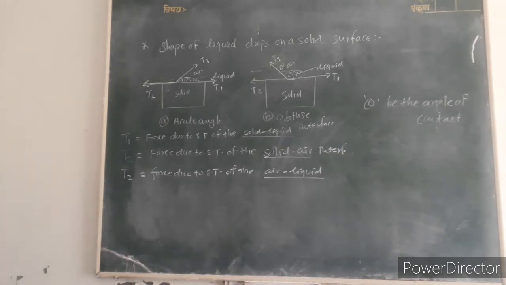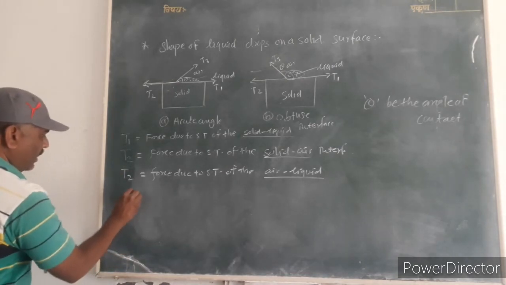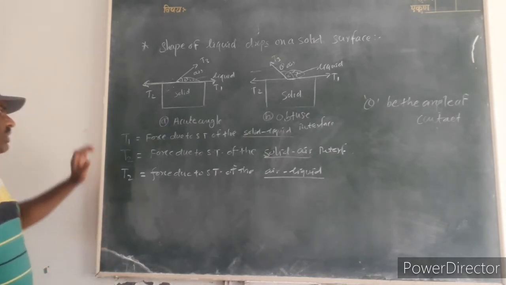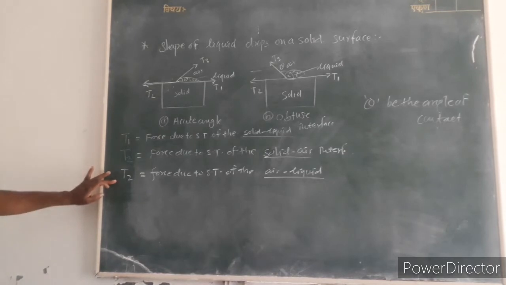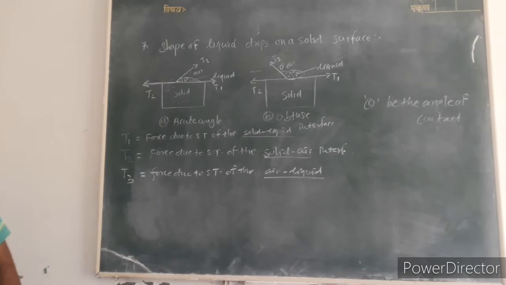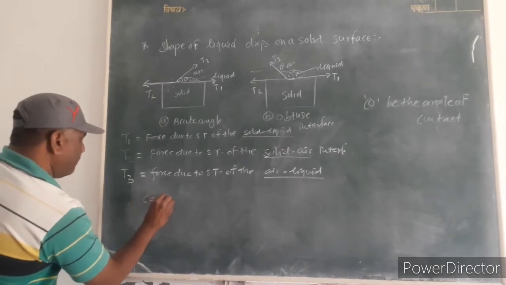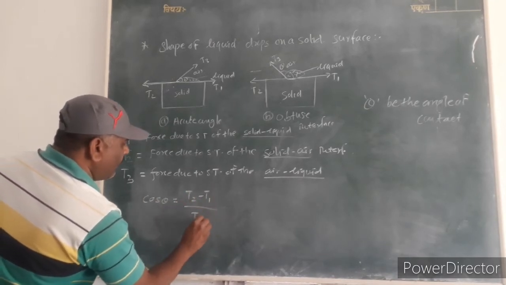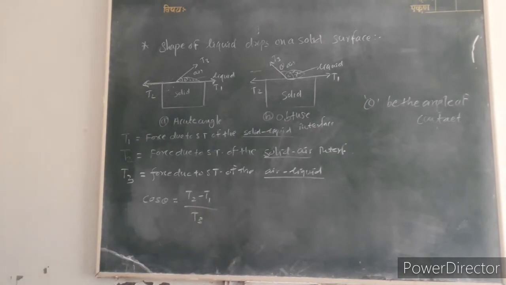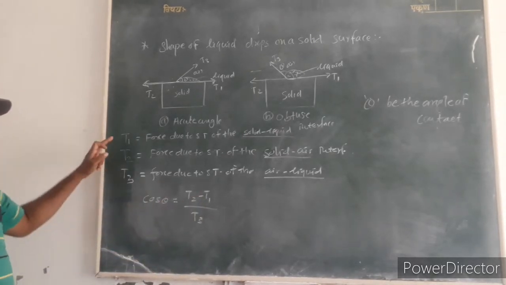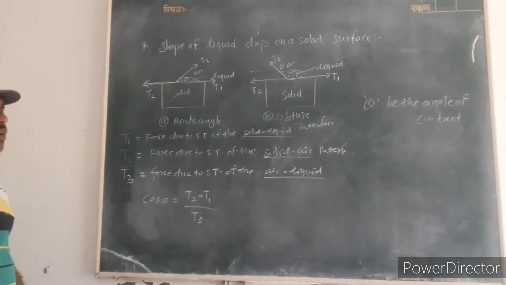For the equilibrium condition, the relation between T1, T2, T3 and the angle of contact is given as cos theta equals T2 minus T1 divided by T3.